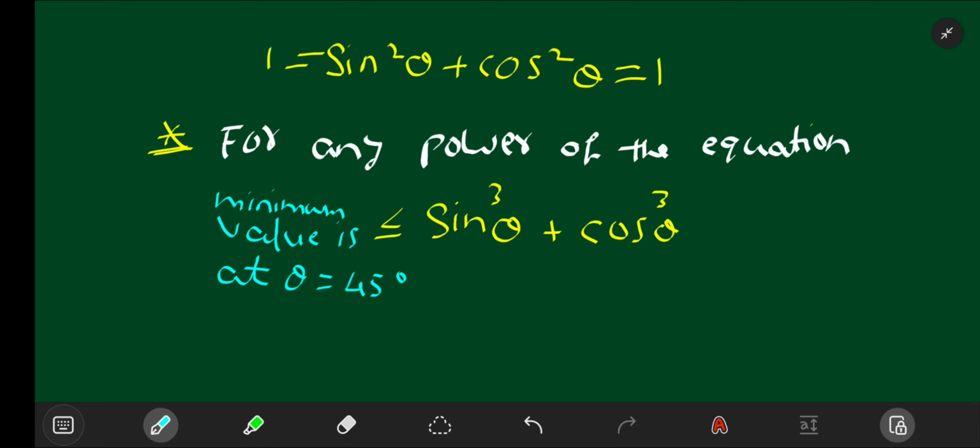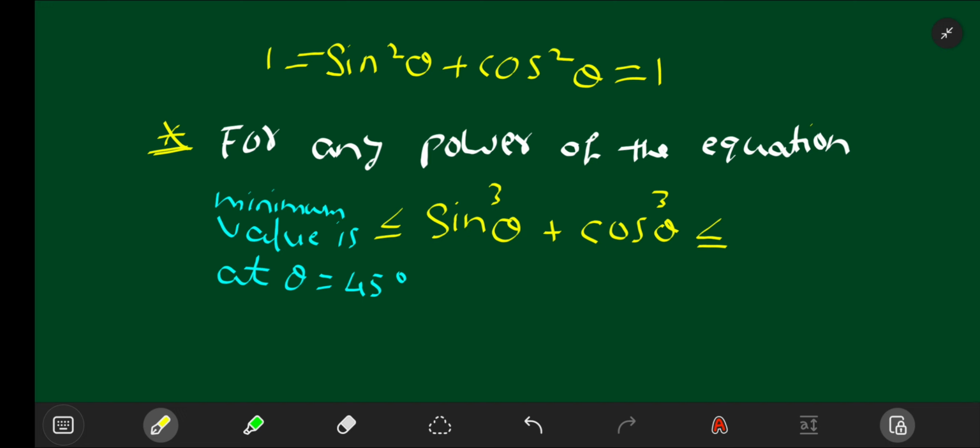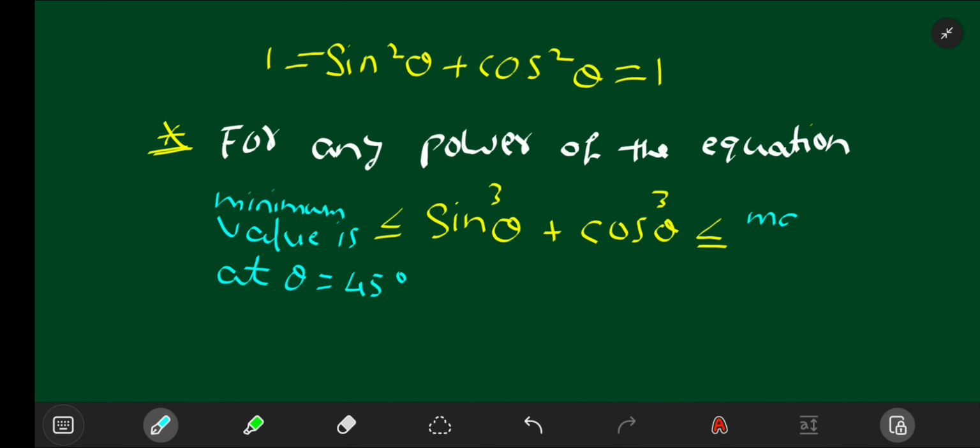And its maximum value is at theta equal to 0 or 90 degrees.